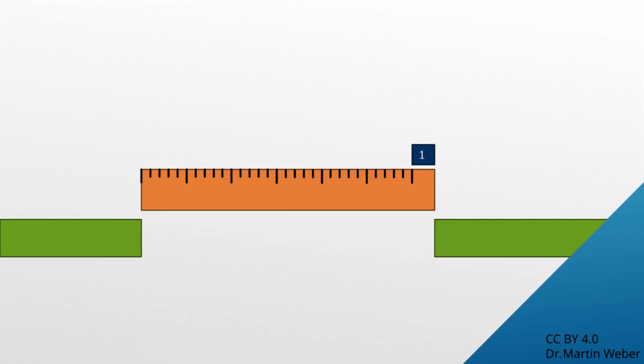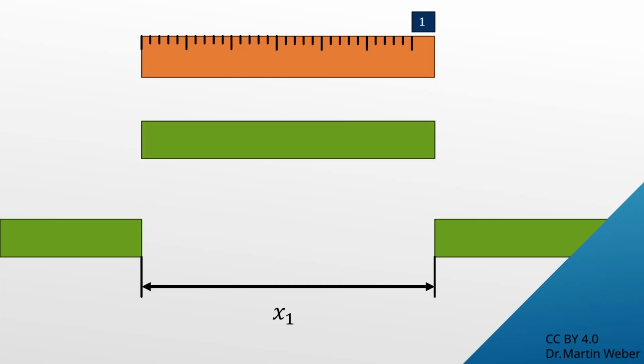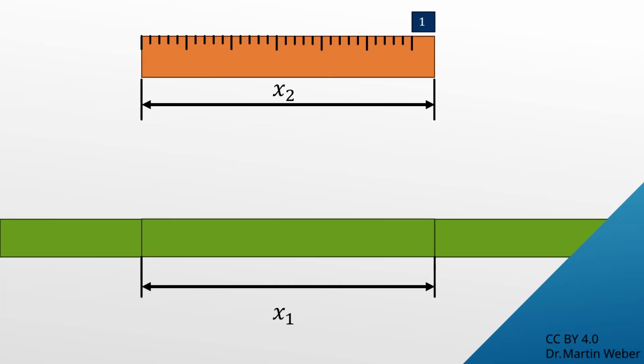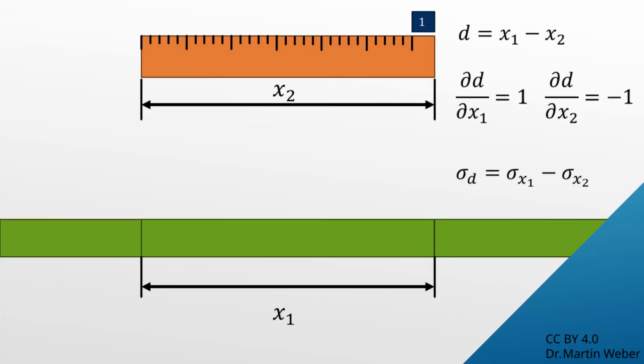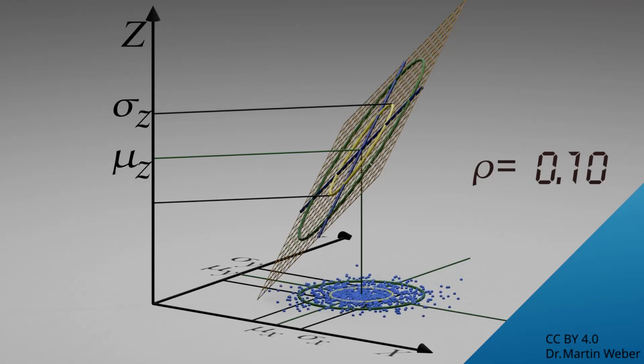The example in this case is that the wrongly scaled ruler can still be used to compare for equal lengths. Here the measurements are correlated as the same ill-scaled ruler is used. However, as the difference is calculated, the partial derivatives have opposite signs, which causes the cancellation of the deviation. For real cases, the correlation lies somewhere between.